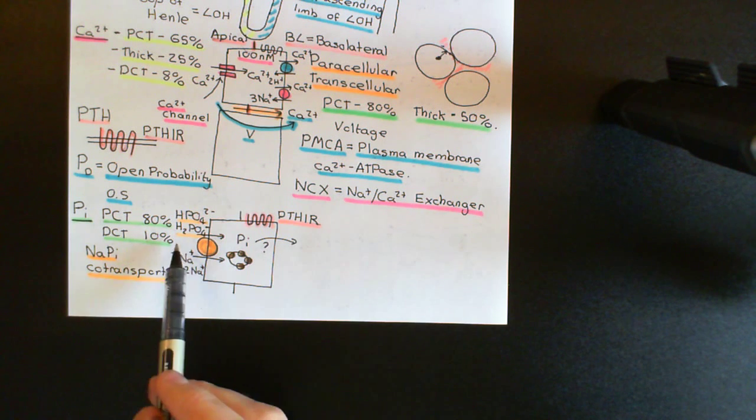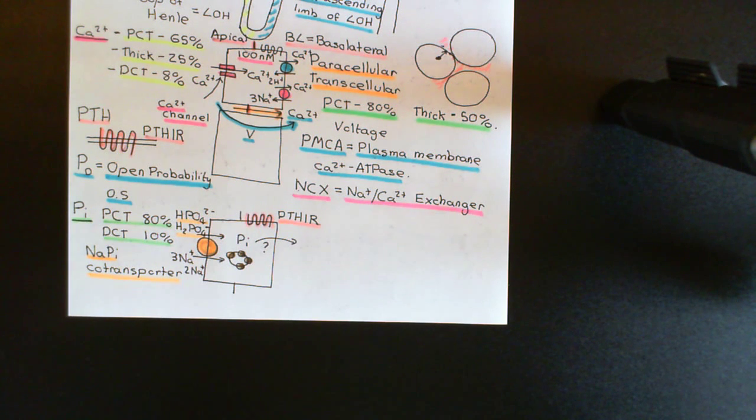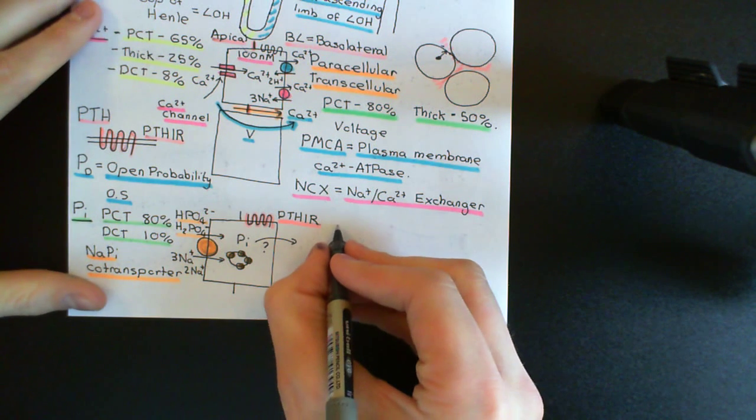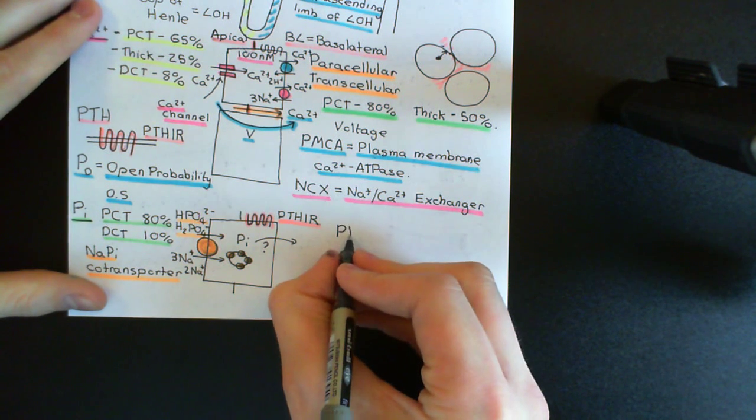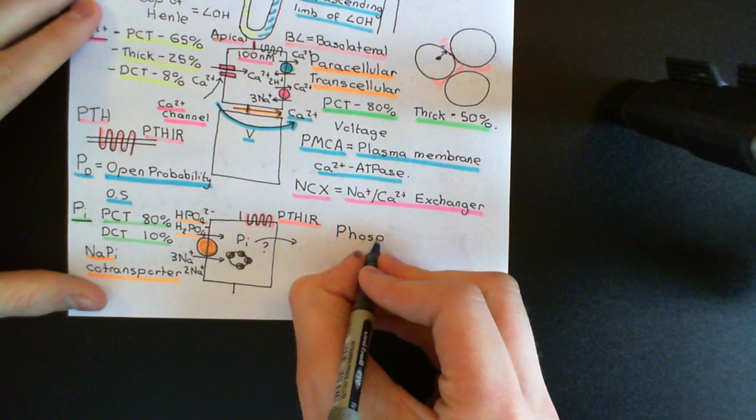Hence, the amount of phosphate that's actually going to be resorbed by these cells is going to go down, so more phosphate will remain in the fluid in the lumen and will end up in the urine. Hence, phosphate excretion by the kidneys is going to go up, and you will end up with more phosphate in the urine, and that is known as phosphaturia.